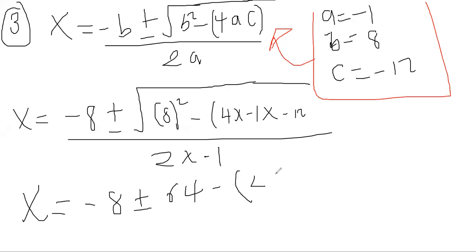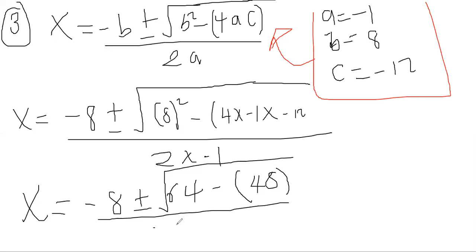So we have 48, all over minus 2. And this will give us minus 8 plus or minus the square root of 64 minus 48, that will give us 16. So we have here 16 over minus 2.